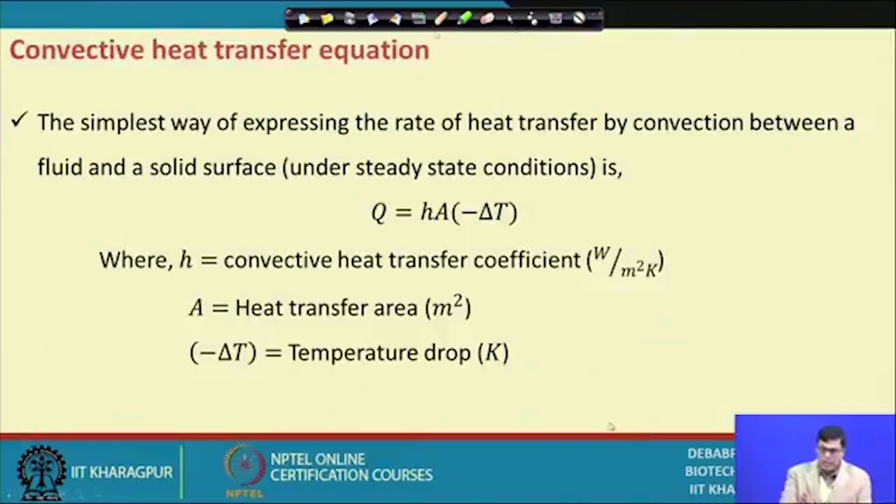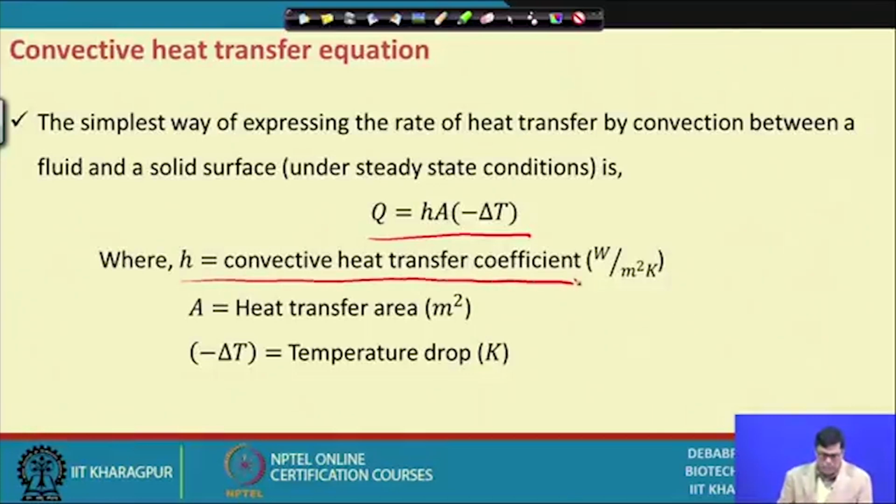So, here the rate of heat transfer can be expressed like this: q equals h A del T, where h is the convective heat transfer coefficient, A is the heat transfer area, and del T is the temperature drop.